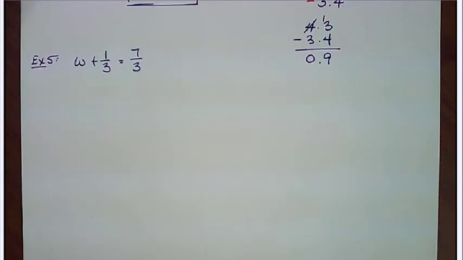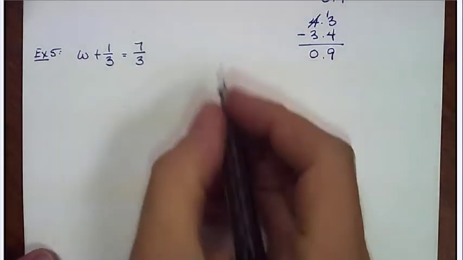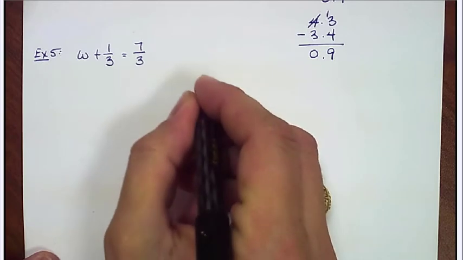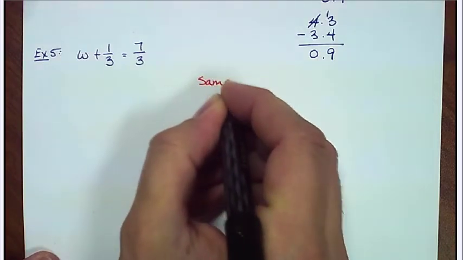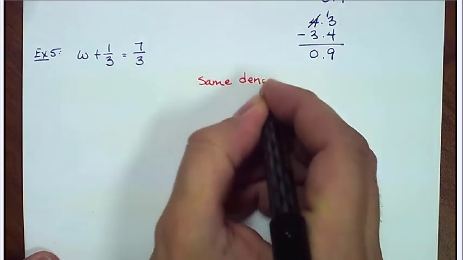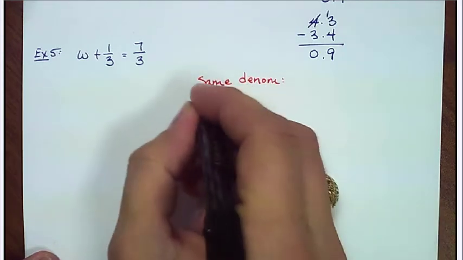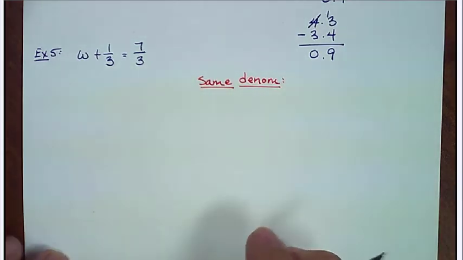Okay, last question. We're going to deal with that dreaded object we call fractions. This really isn't going to be that bad, guys. In this section, your denominators are always going to remain the same, but I do want to remind you, if we have the same denominators as we do in this problem, I always abbreviate that as denom, that stands for denominators.